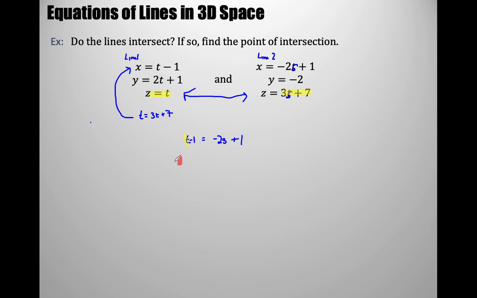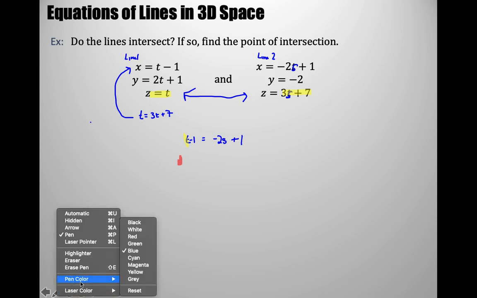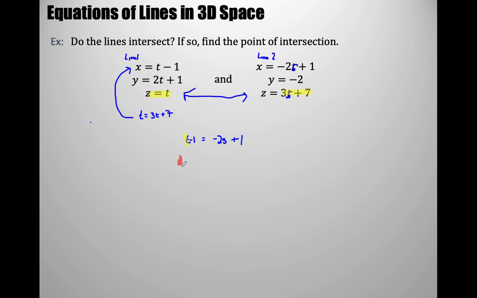So 3s plus 7, that's this t right here, minus 1 is equal to negative 2s plus 1.